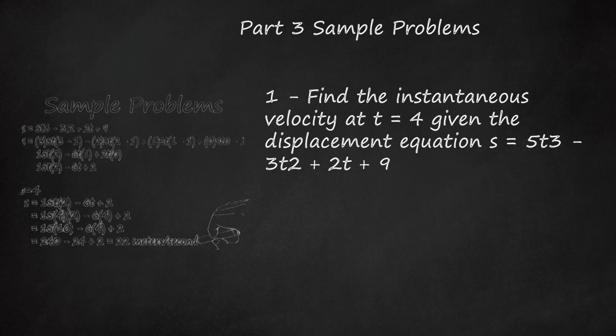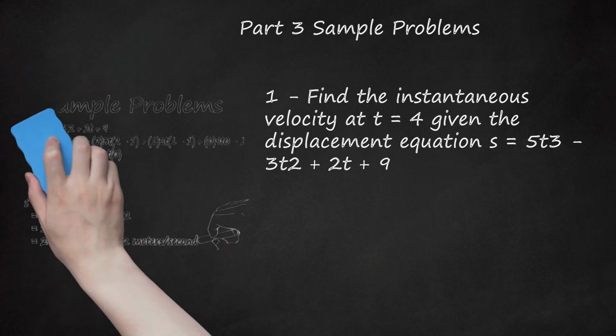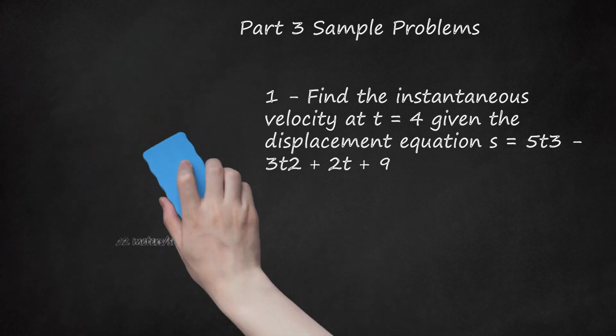Then, we'll plug in our value for t: s' equals 15t^2 - 6t + 2, 15(4)^2 - 6(4) + 2, 15(16) - 6(4) + 2, 240 - 24 + 2 is equal to 218 meters per second.